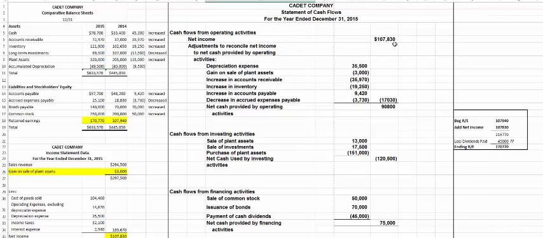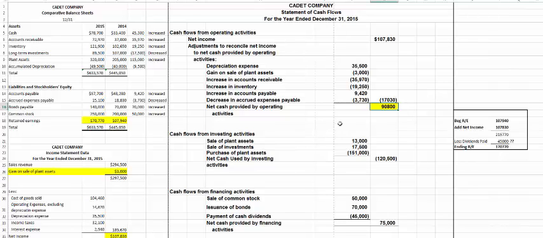So 107,830 minus 17,030 equals 90,800. We have provided cash in our operations based on our net income and our other items that needed to adjust. We will come back and we will use this 90,800 here in a few minutes.